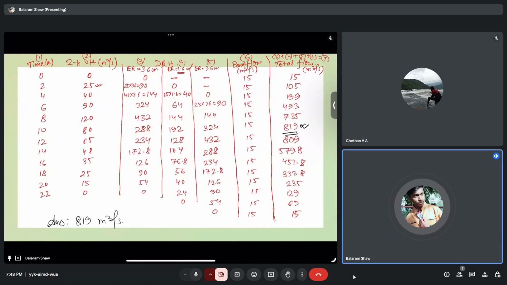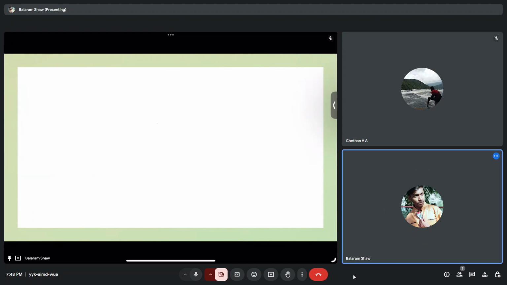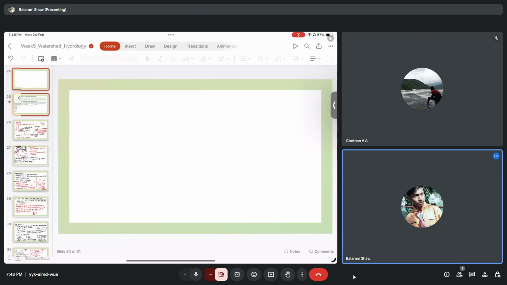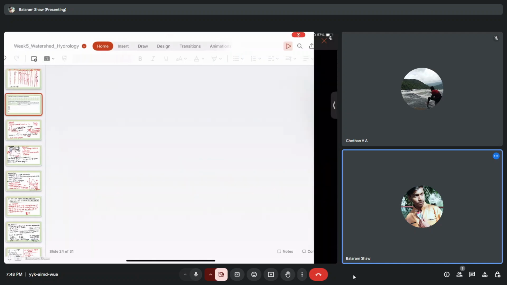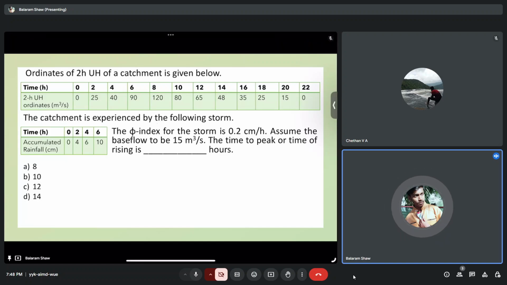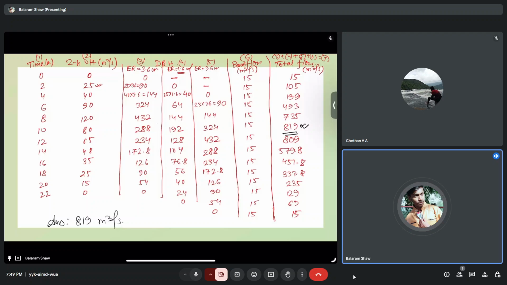Okay, so let's move on to the next question. This is the same question that we have. Just the question here is the time to peak or time of rising is dash hours. We have got the peak at 819 meter cube per second, right?